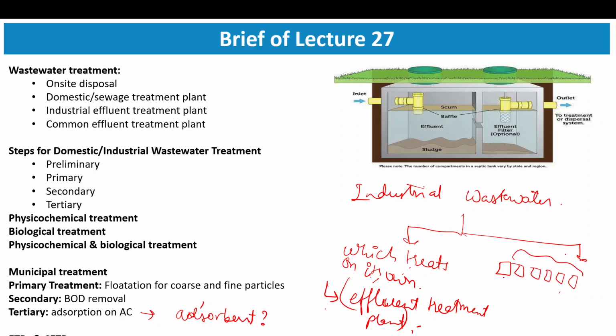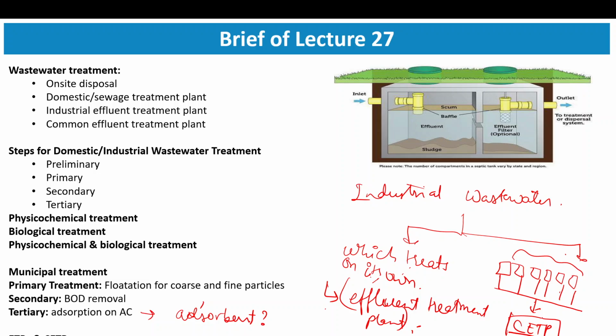is that the water streams coming out of these industries are collected. Maybe some preliminary treatment is provided, or not, whatever it is, after that this wastewater goes to a common place known as CETP, which is Common Effluent Treatment Plant.